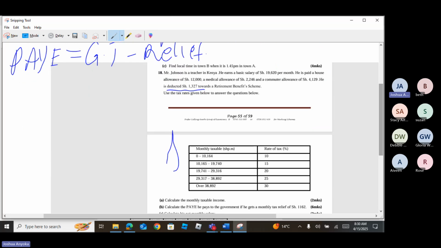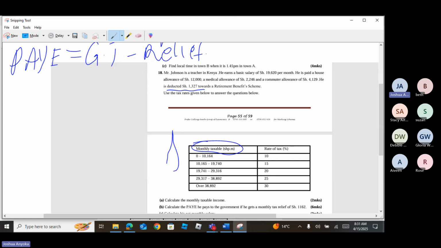In the table, you read the title for the first column, which says monthly taxable income in Kenya shillings, rate of tax in percentage. So we are supposed to align our taxable income to be monthly, and then we start calculating gross tax.